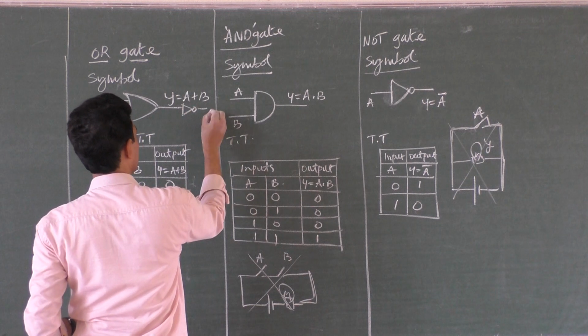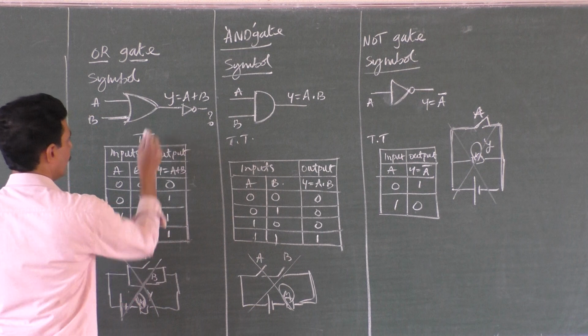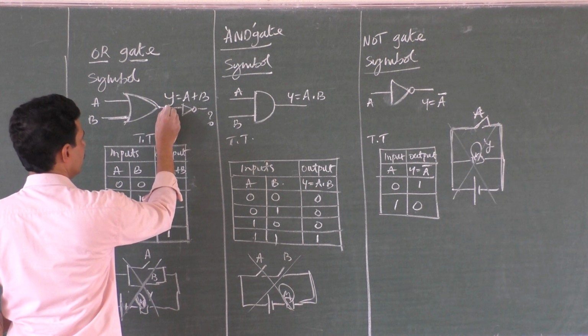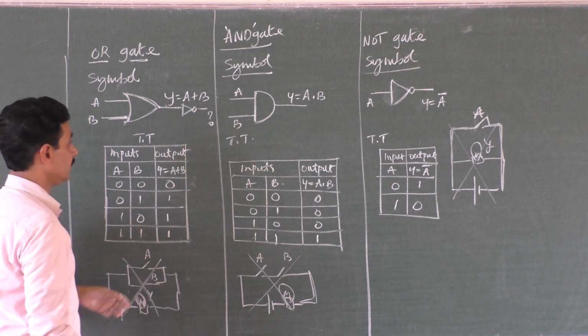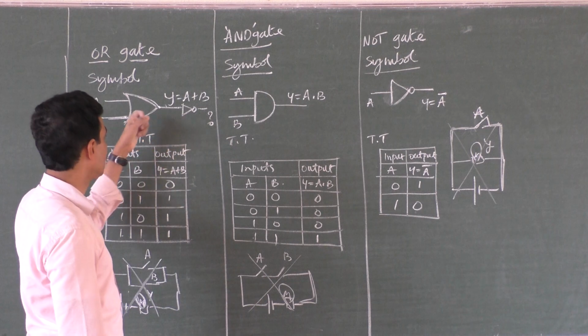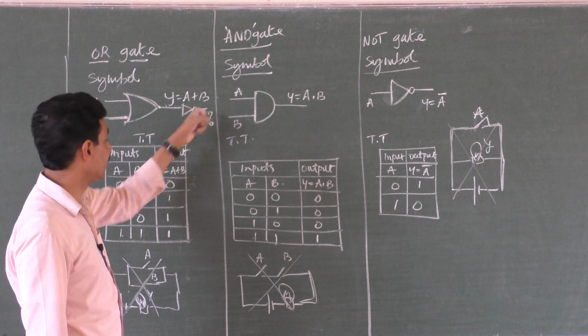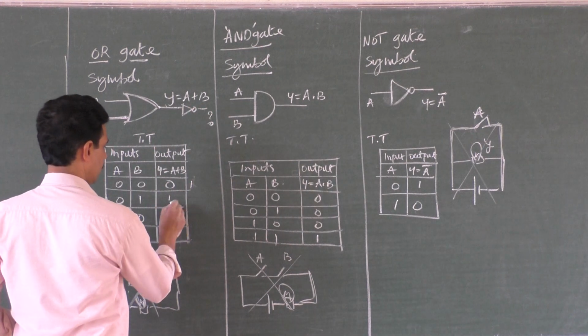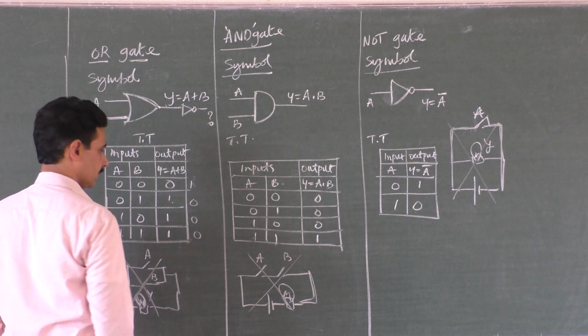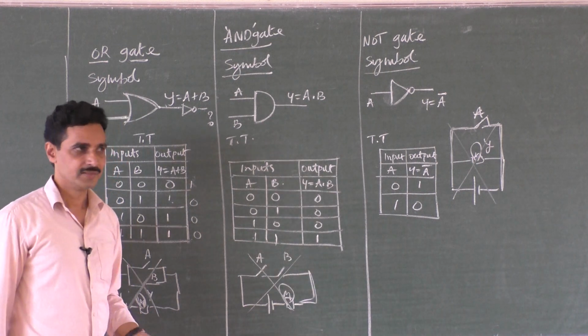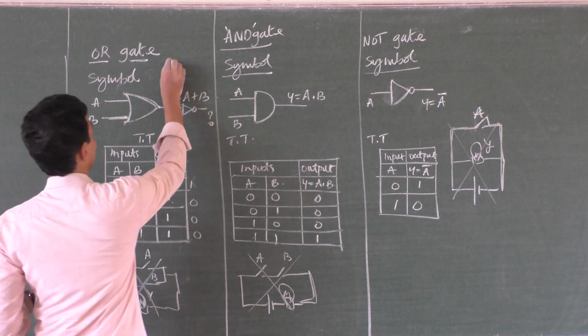So what will be the output here? Whatever output you get here will be complemented here, isn't it? So if you connect a NOT gate to the output of the OR gate, you will land with another output. So this 0 becomes 1, 1 becomes 0, this becomes 0, this becomes 0. That's all, isn't it? So that is called NOR gate.